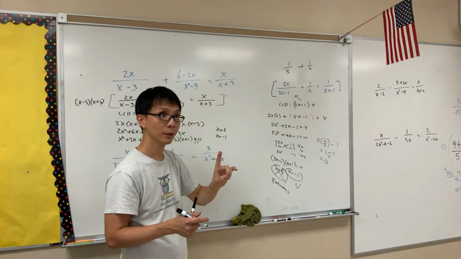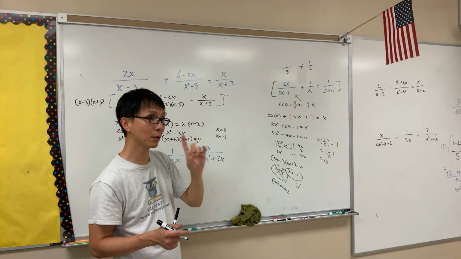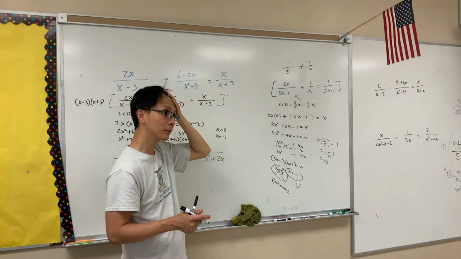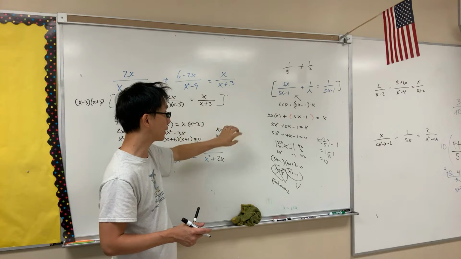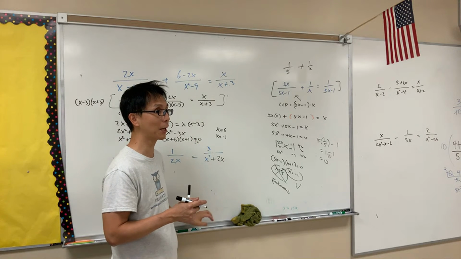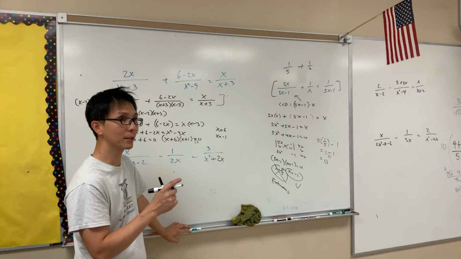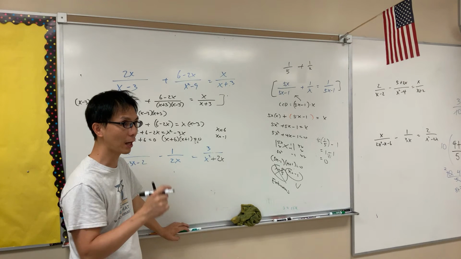Now, however, in the last 12 years I've taught, there was one time that the denominator checked out okay, but then when we plugged in, it was still undefined. It happened on the CLEP exam, the one where you can get college credit by taking it. It was on the practice exam.